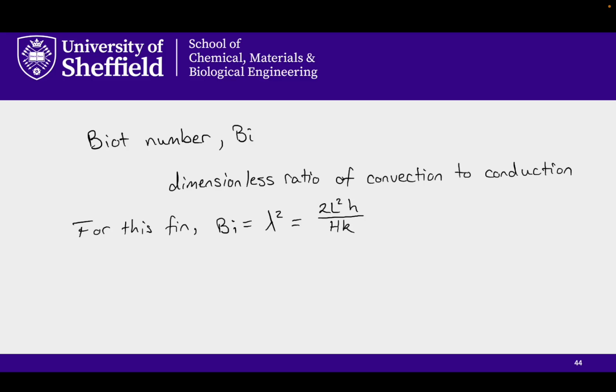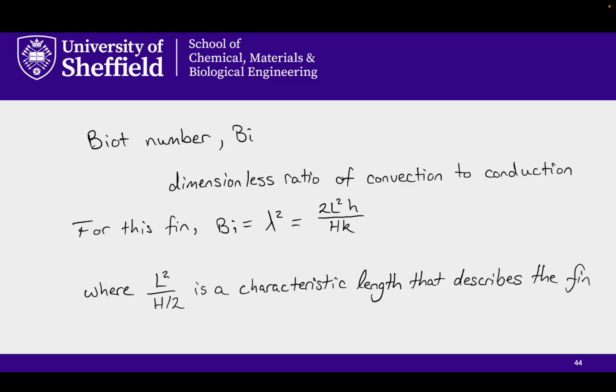The Biot number always has an h, which is the film transfer coefficient, and the k, which is thermal conductivity, but the characteristic length associated with a Biot number can change based on the geometry of the problem. In this case, L squared over h over 2, which we can obtain just by rearranging those variables, is the characteristic length that describes the fin.